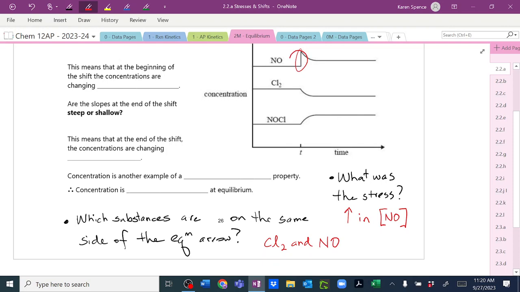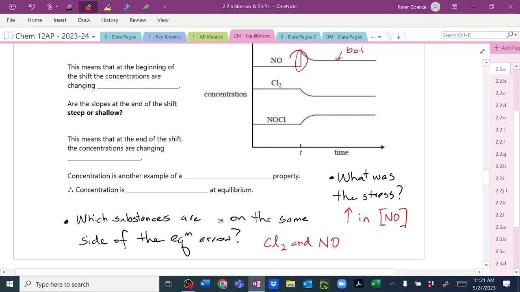Yeah, I mean, there's no way that you could have NOCl plus Cl2 becoming NO because the Cl would just disappear, yes? Okay, so that's one reason. What's another reason you can tell that they're both on the same side of the equilibrium arrow? Yeah, they're both decreasing. So they would both have to be reactants, or they would both have to be products in order for them both to be decreasing.